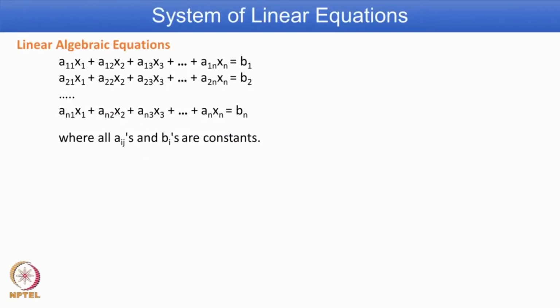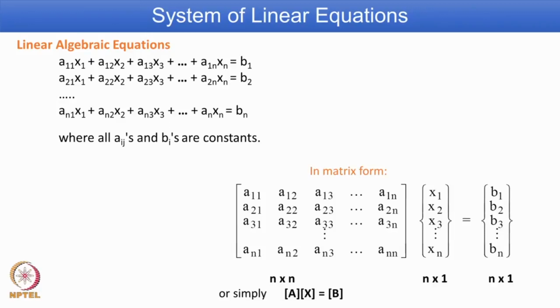Let us look at it in detail. A set of linear algebraic equations is shown here, where A as well as B are constants. The same equations in the form of a matrix are written here. The coefficient matrix A has elements A11, for example, all the way up to ANN. Then the unknown column vector x from x1 to xn.